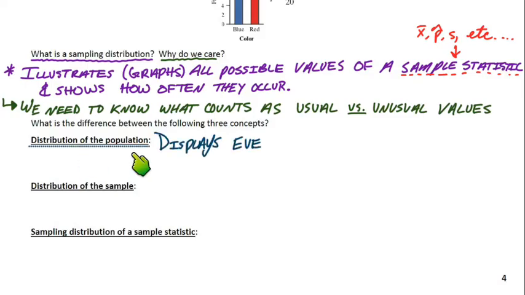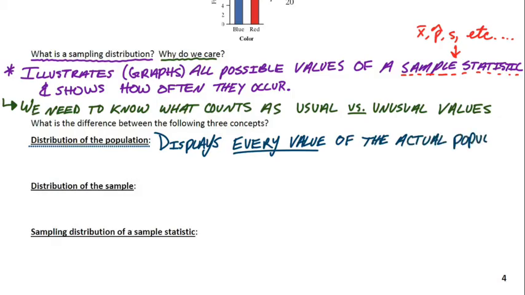For the population, I use blue, right? The distribution of the population, that would be like if we had data for every single member or every value of the entire population, right? So if we were able to graph every single person or member of the population, that's what the distribution of the population would do. In most practical examples, we don't have information about every single person in the population, right?